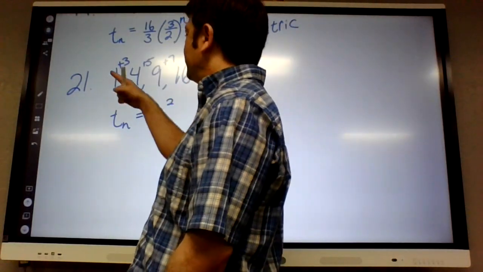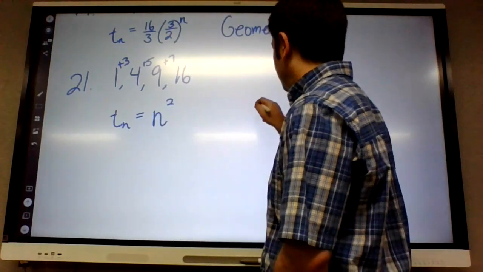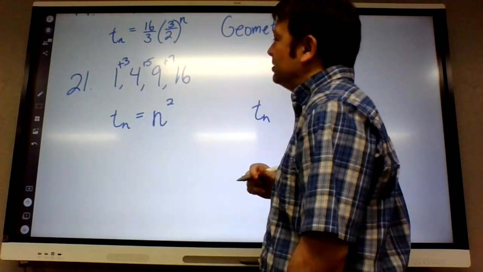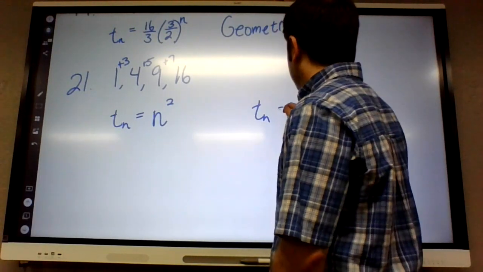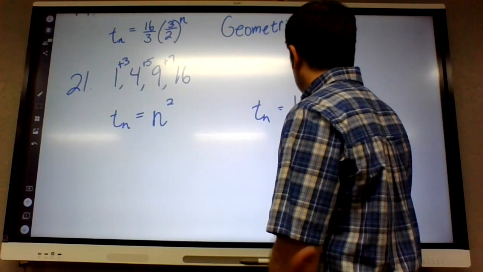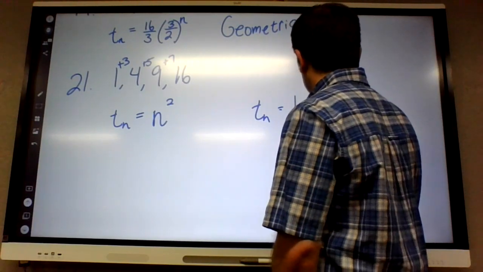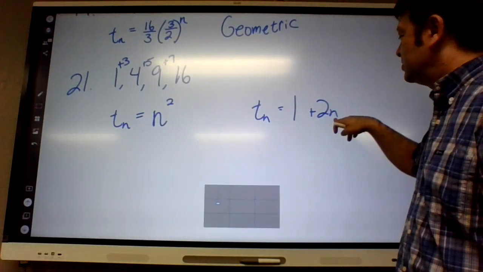So if we backed up 1, that would be starting at 0, so I guess we don't need that. So to add an odd, odds go up by 2. Would that do it? 3.